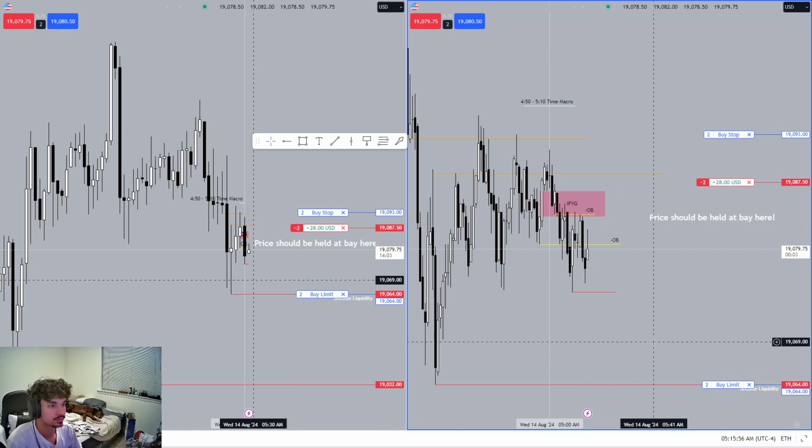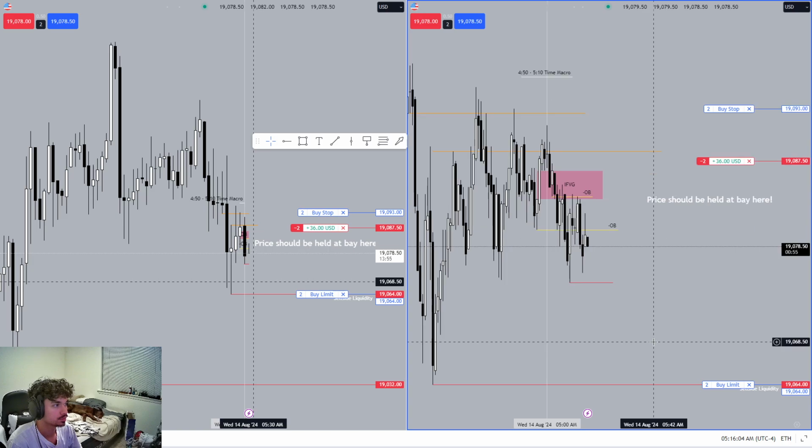That's what we want to see in the next 15 minutes, of course. Well, 14 now. Great closing price. Absolutely fantastical. Yep, we want to see a new low of the 15-minute.